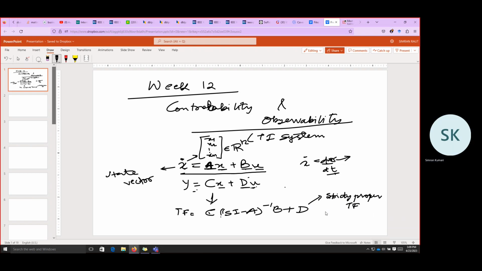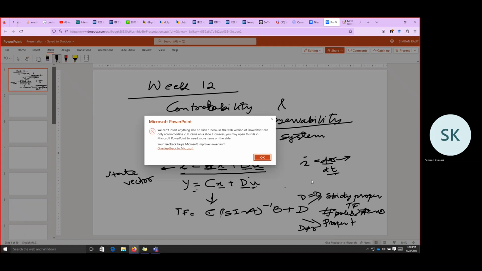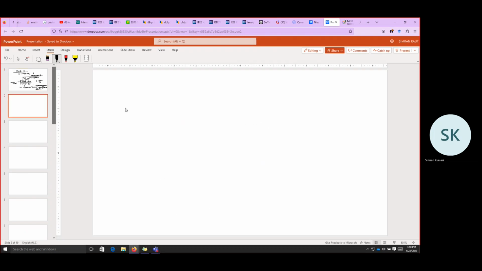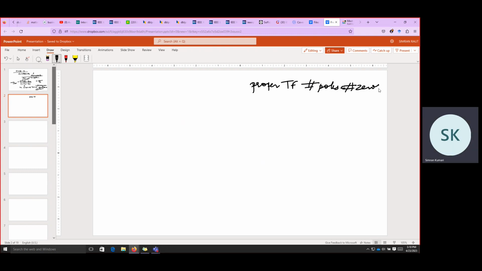That means the number of poles is greater than the number of zeros. And if D is non-zero, in that case there is this proper transfer function where the number of poles is equal to the number of zeros.